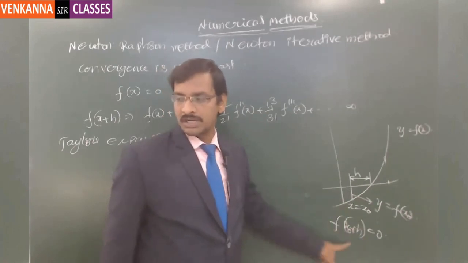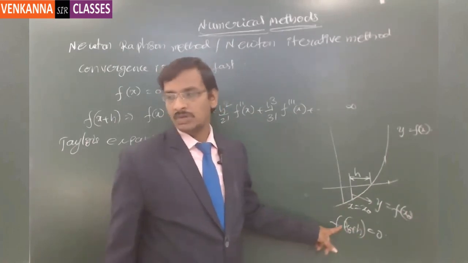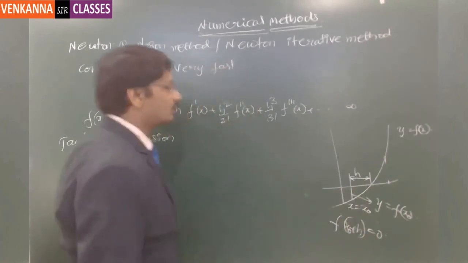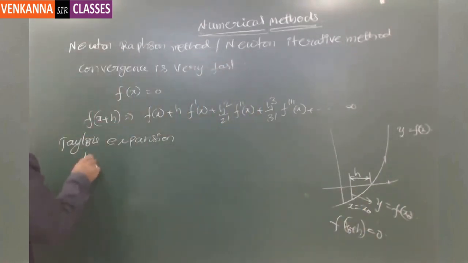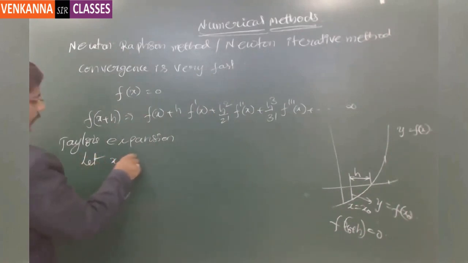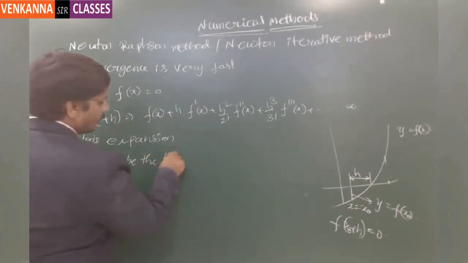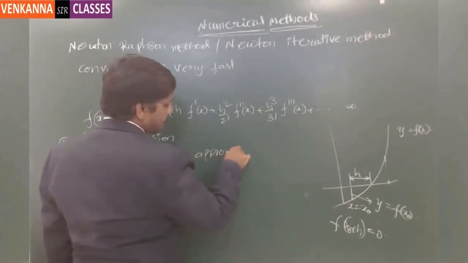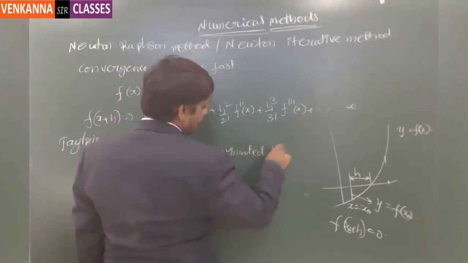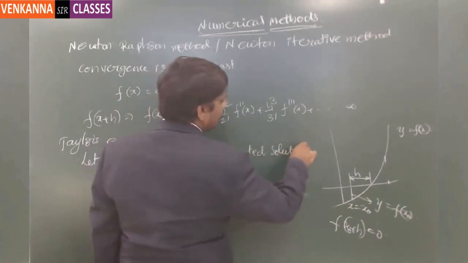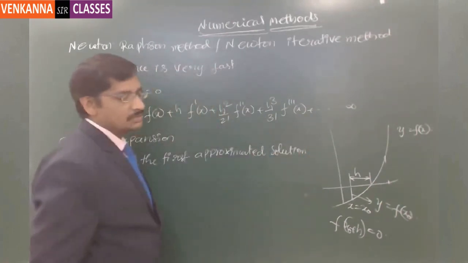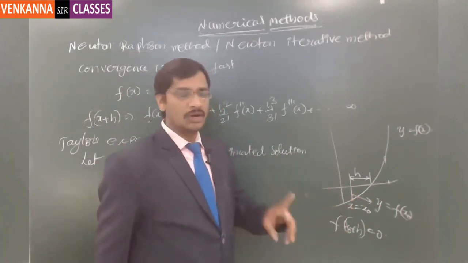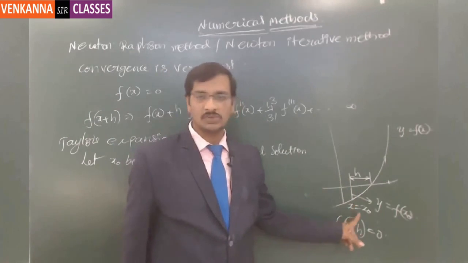So from this understanding we will derive the Newton-Raphson method. So f of x naught plus h equal to 0. If f of x naught plus h equal to 0, then let x naught be the first approximated solution, which essentially means that this is the preliminary guess of ours, where you are trying to locate the solution at a location of x is equal to x naught.